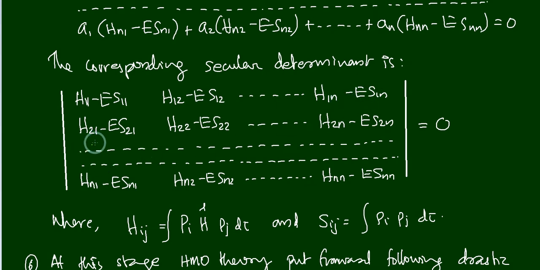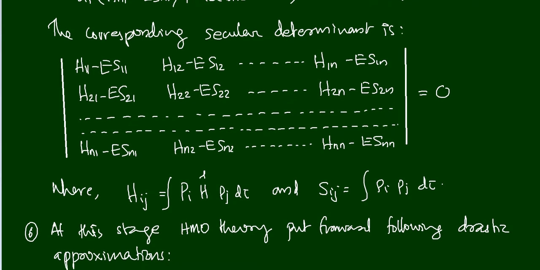And the second row of the determinant is H21 minus ES21, H22 minus ES22, etc. to H2n minus ES2n, and etc. When we reach the nth row of the determinant, then it will be Hn1 minus ESn1, Hn2 minus ESn2, etc. to Hnn minus ESnn, and this determinant will be equal to 0. That's why we call this the circular determinant.